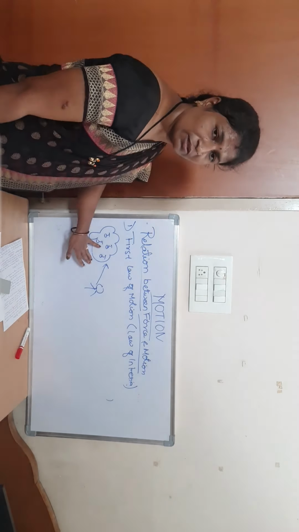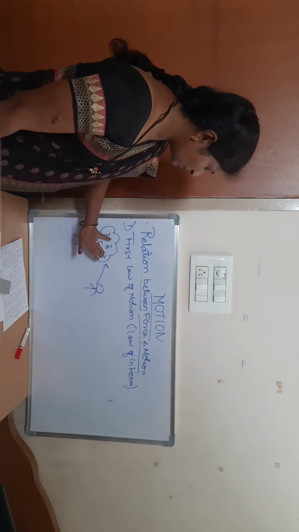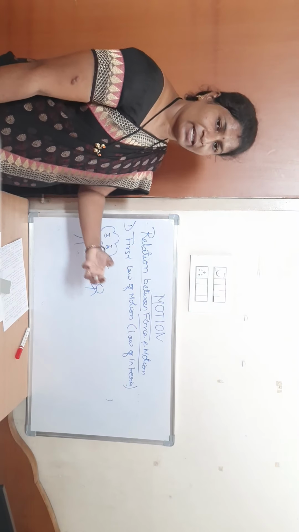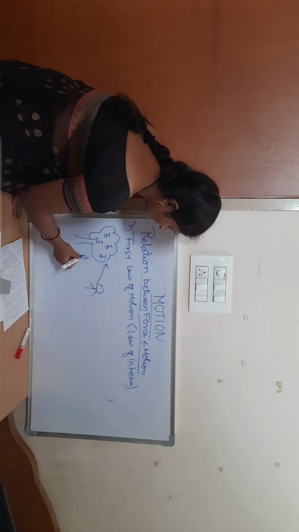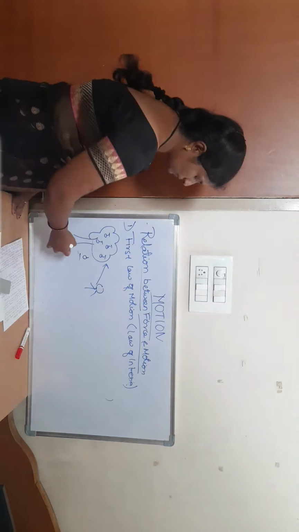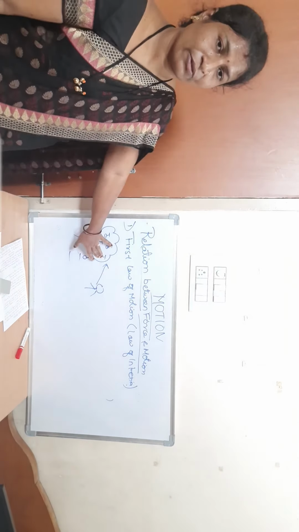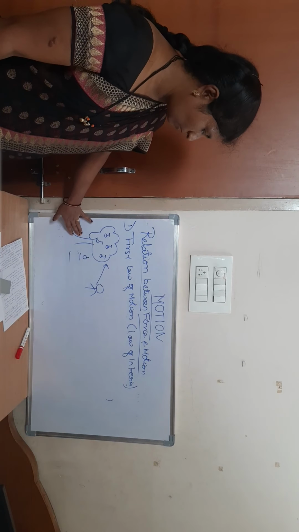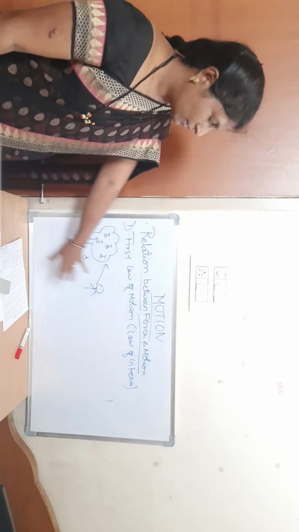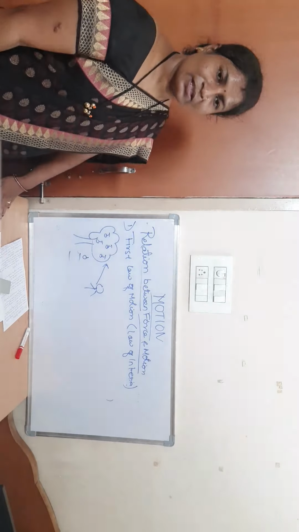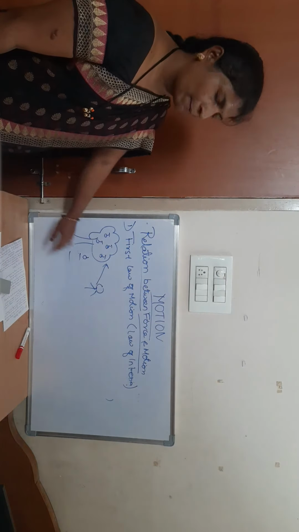It causes motion in the tree. While the branches are shaken, the fruit attached to the branch falls down to the ground. The boy is not even touching the mango fruit. He is just shaking the tree. By shaking the tree, the fruit falls down. In this, the first law of motion is applicable.